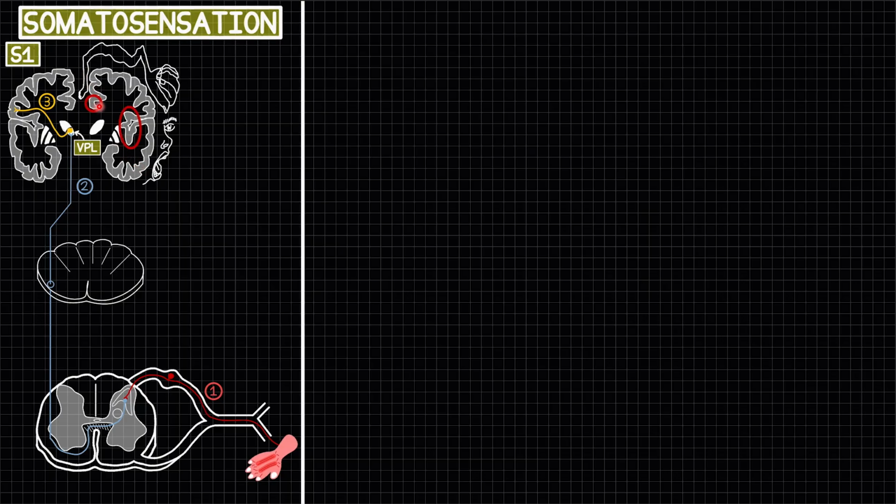This part up here and this part tucked away in the middle here are actually not part of the primary somatosensory cortex. They are very specialized cortical regions that are actually separate from the primary somatosensory cortex. So somatosensation is really only occurring in these yellow highlighted parts of the cortex here.